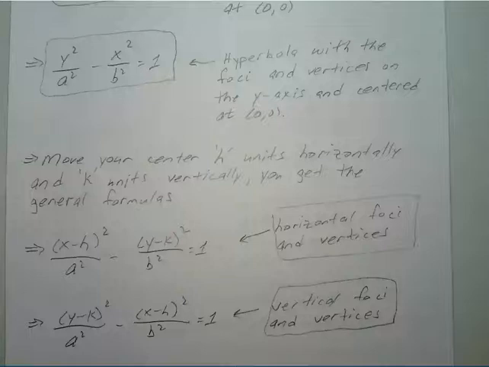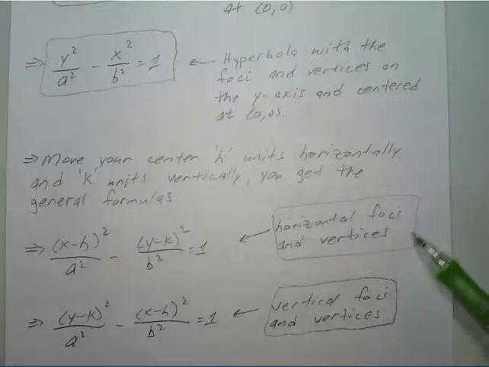And remember, that's if you have your horizontal foci and vertices. Now, if you have y minus k squared over a squared minus x minus h squared over b squared equals 1, that's when you have your vertical foci and vertices. Okay, so they'd be one on top of the other, and this one will be one to the left and one to the right.